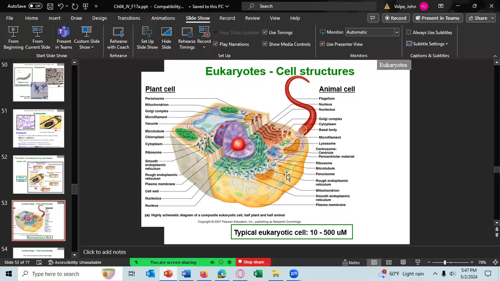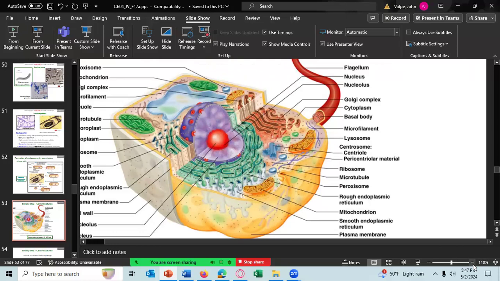There is one that is found in an animal cell and not found in a plant cell. Let me see if I can find it here. There it is. The centrosome, containing the centriole and the pericentriolar material, shown right there.